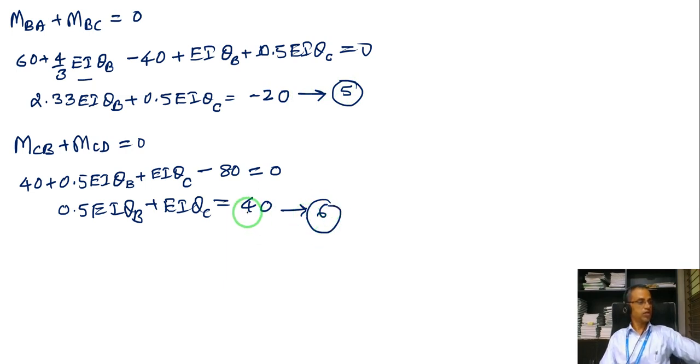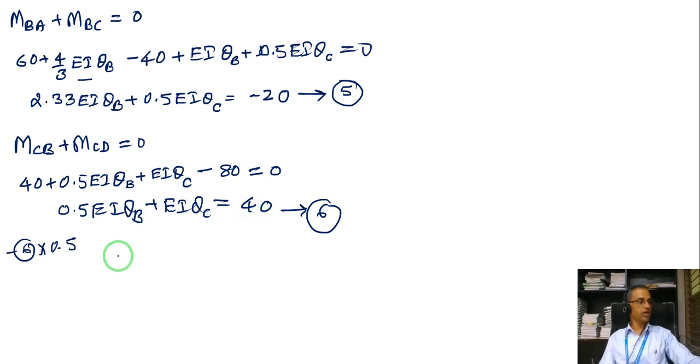Solving these two equations for theta B and theta C, just like before, by multiplying equation 6 with 0.5 and subtracting, what do you get? 2.33 minus 0.25, and theta C gets cancelled out. This will be minus 20 minus 20, which is minus 40.